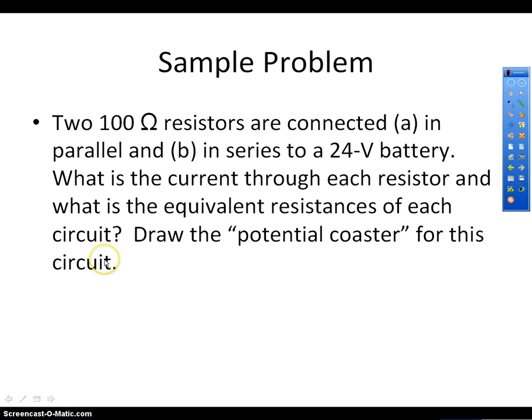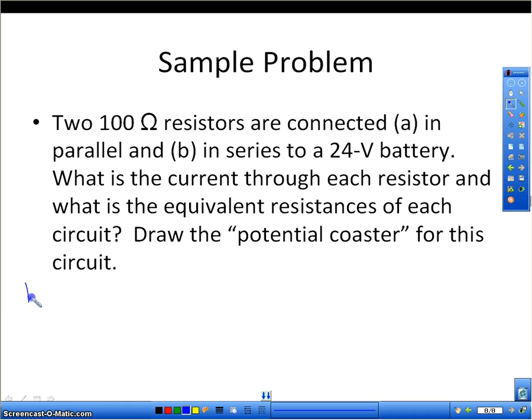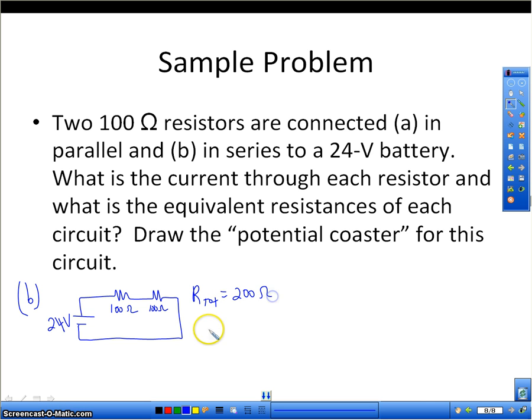For part B, if my two resistors are put in series, that circuit is going to look different. It'll have 100 and 100 together, which will give me 200 ohms of total resistance. So my R total, or my R equivalent, is 200 ohms. That means my I total is going to be 24 volts divided by 200 ohms, which is 0.12 amps.